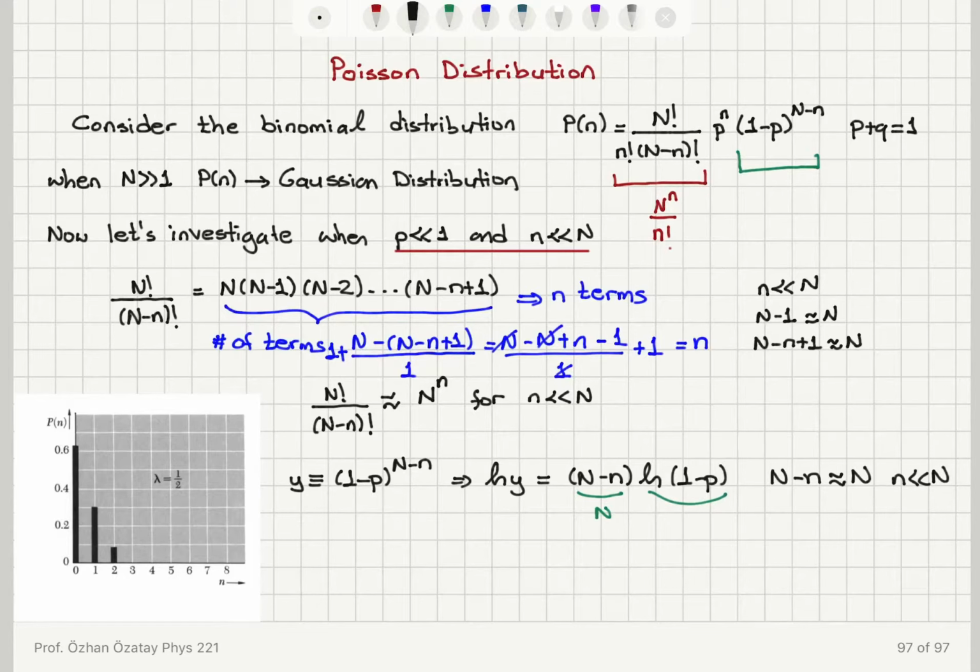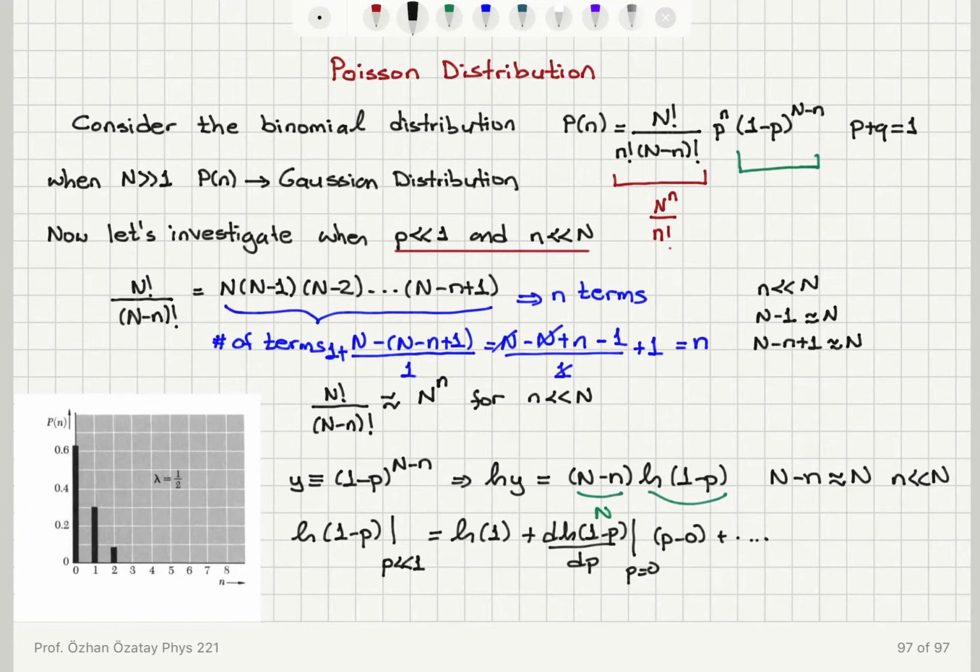And natural logarithm of 1 minus p, in the limit p is much less than 1, which is what I am considering here, is in the Taylor series expansion, natural logarithm of 1 plus the derivative of natural logarithm of 1 minus p with respect to p evaluated at p is equal to 0, times p minus 0, and higher order terms.